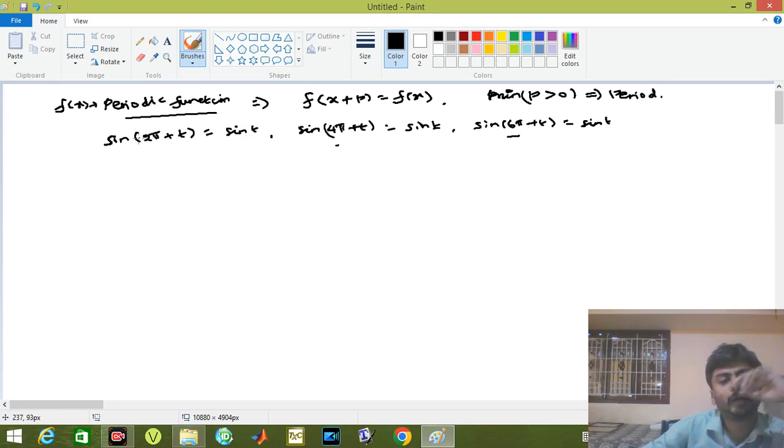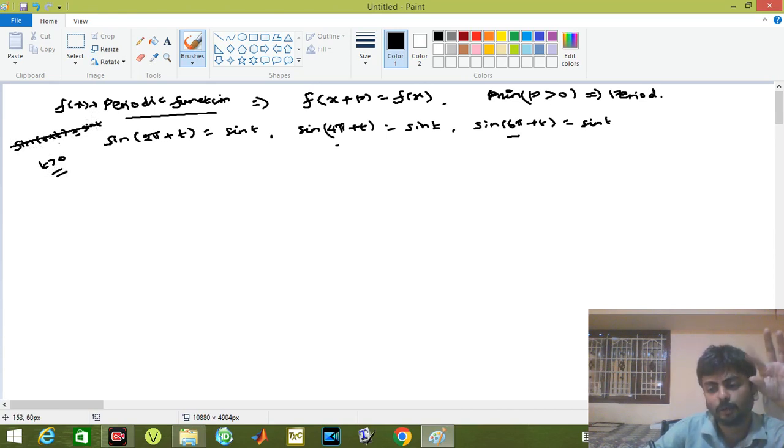So see here, sine of 0 plus t will also give sine t. But there is no meaning of adding 0 with t now. So we are considering only p greater than 0, so this will not become your solution. Here p equal to 0, here p equal to 2 pi, here p equal to 4 pi, here p equal to 6 pi, but actually the minimum value of p greater than 0 is the period.